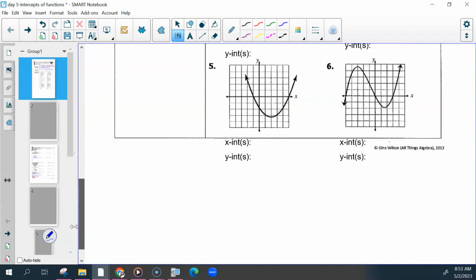So it doesn't matter which one you do first, but you have to put them in the right order.